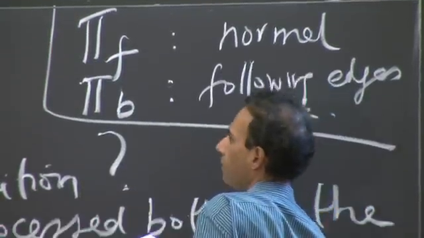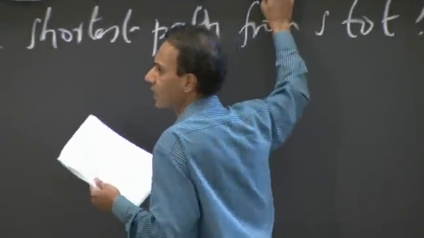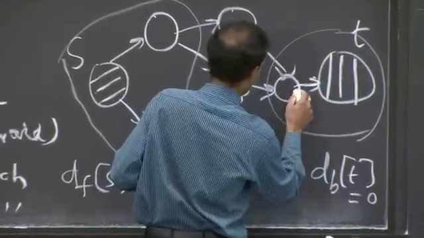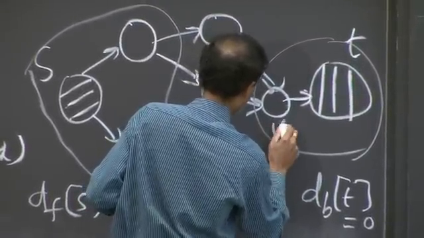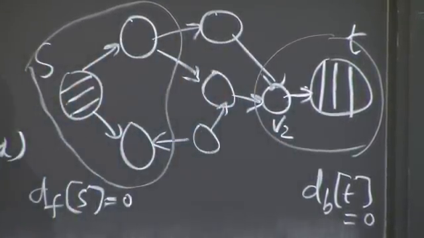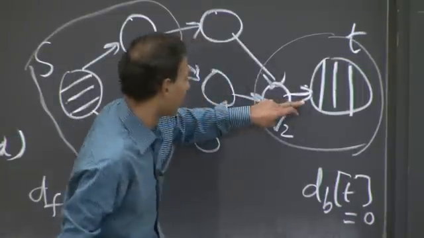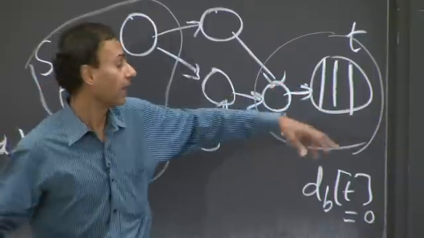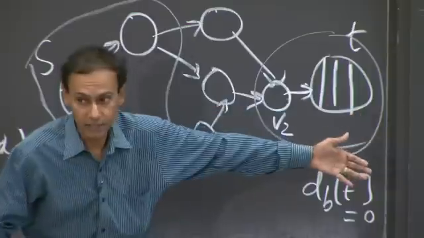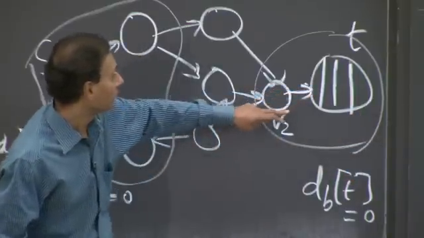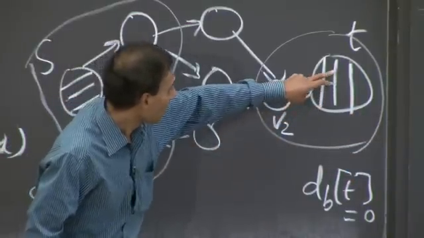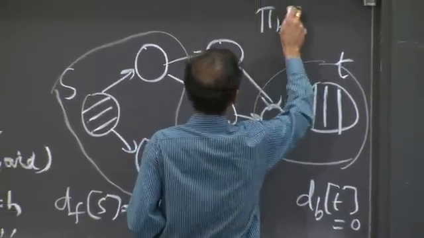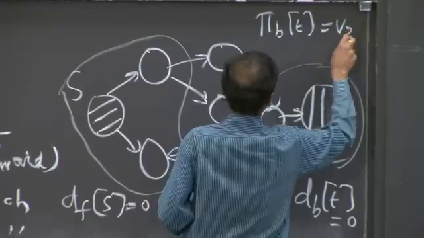In the case of pi B, on this node here, which I'll call V2, if I'm going to choose this path here, obviously I choose this edge in any shortest path that gets to T, because that's the only edge that goes to T. And so what I'm saying is that the predecessor pi B of T equals V2.